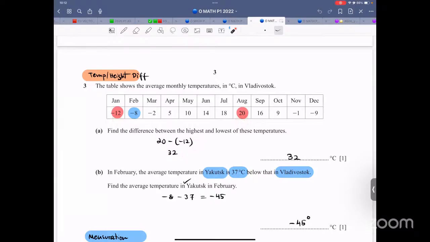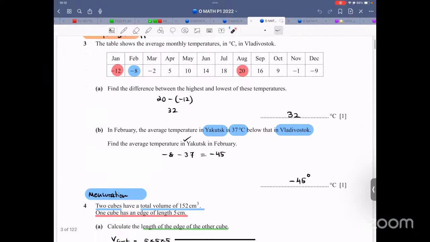That's the temperature difference. In February, the average temperature in another town is 37 below that of town V. It's difficult to pronounce. Find the average temperature in Y in February. So this is 37 degrees below V. And what is the average temperature?